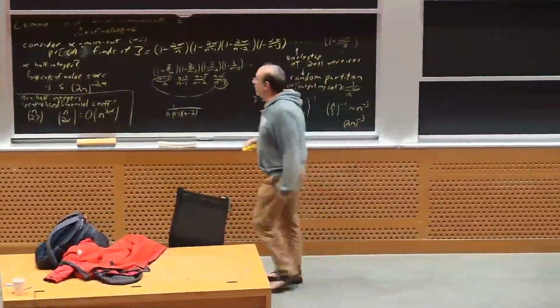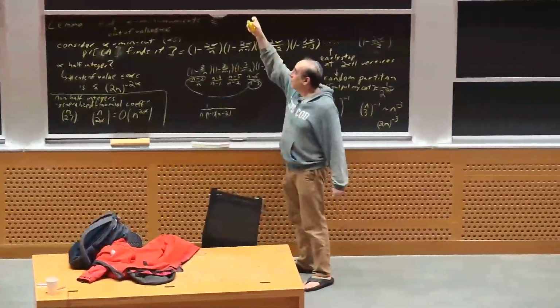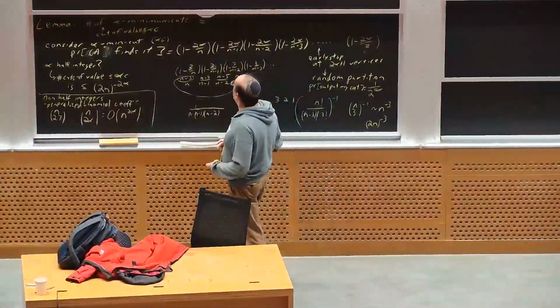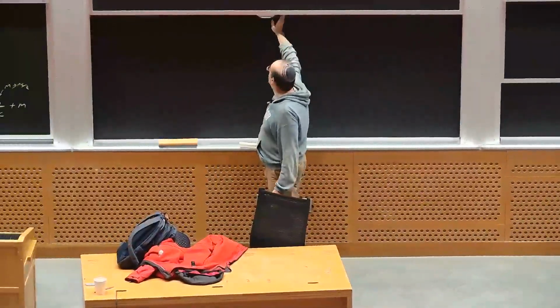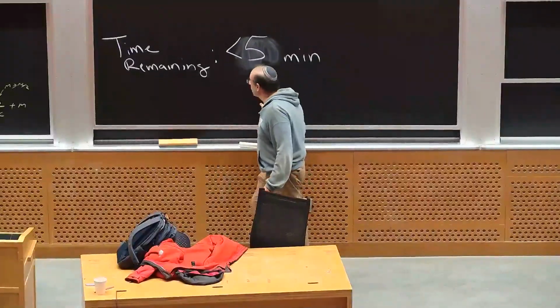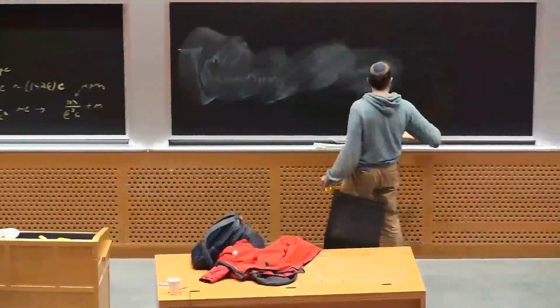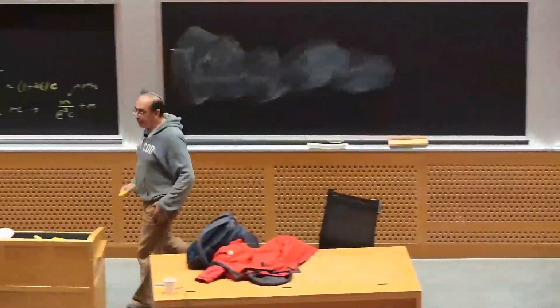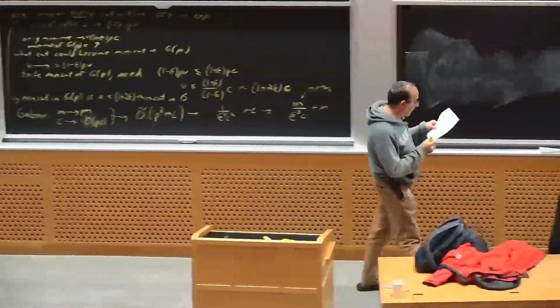So you can trust me on this, or you can just think about applying the half-integer only version of this lemma in order to prove the theorem that I'm going to prove. So now that we have this lemma, we can go back and prove the theorem.